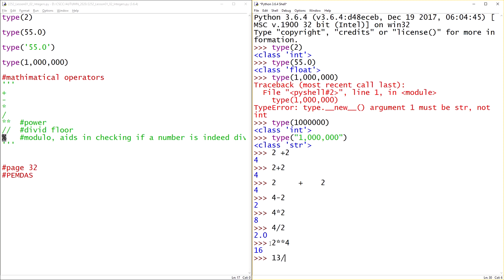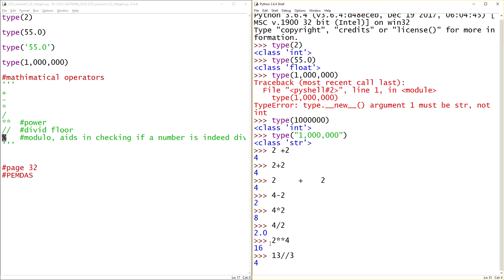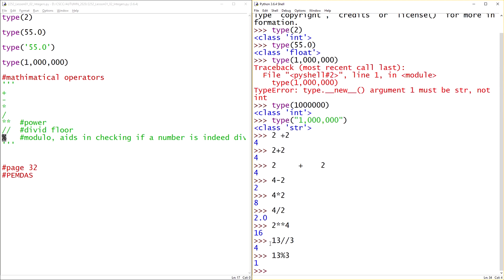So let's do a division of floor. Let's do 13 divided by 3. And we have 3 going into 13 4 times with no remainder. Now if we do the same thing with modulo, 13 modulo 3, we get the remainder only. Awesome. So modulo is kind of cool.